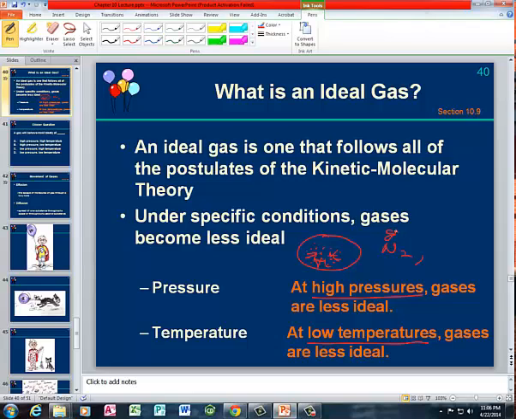But if you cool it down or put it under enough pressure, then those molecules of gas start attracting each other and you get a liquid phase. Same thing happens. You cool them down, you put them under high pressure, you get non-ideal gas behavior.